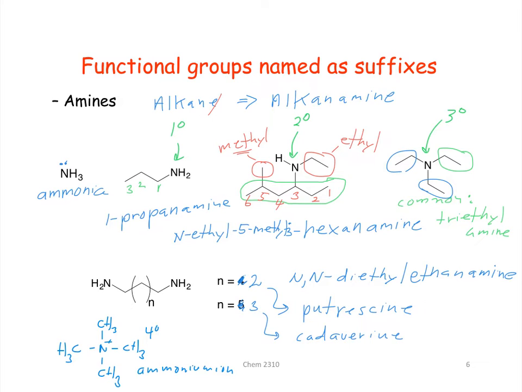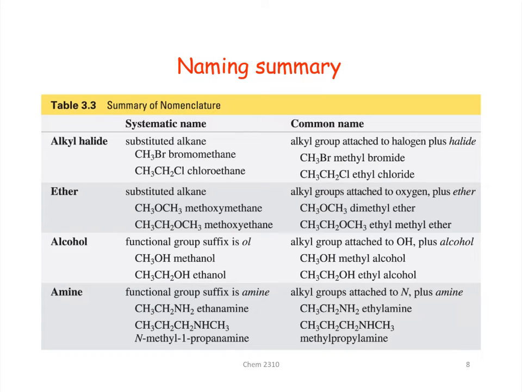This would be a quaternary ammonium ion. So here's a summary of the naming that we've just done. I'm not going to read through it all. I think you can take a minute and read this, but we ought to be able to come up with names for different molecules, and see a name and write out the structure.